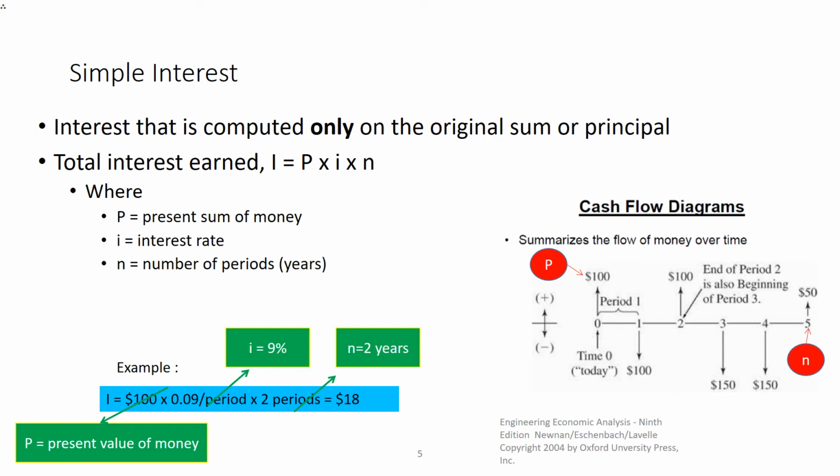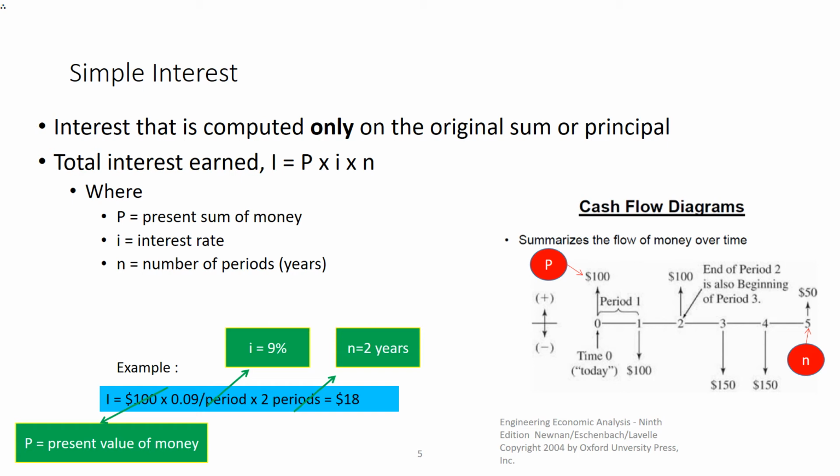The total interest that we earn is I equals P multiplied by i multiplied by N, where P is the present sum of money, i is the interest rate, and N is the number of periods in years, not months, not days, not weeks, years.